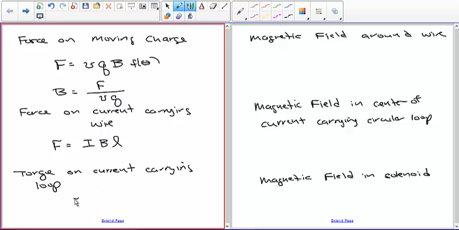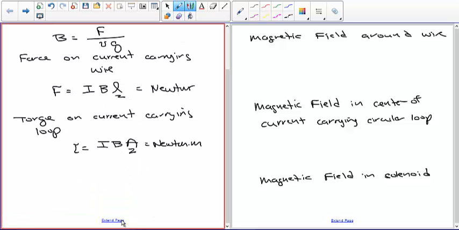We saw that the torque on a current carrying loop was equal to the current times the magnetic field strength times the area. That makes sense from units: force is in newtons, multiplying by length and then by area gives an extra length unit, so it's newton meters, which is a torque.